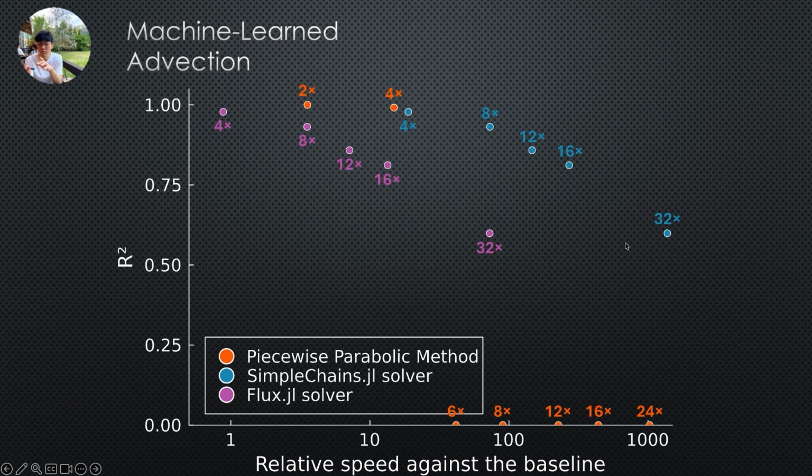And so you can see, on the x-axis is how much of a speedup we get against the baseline, and this is the accuracy up here. And you can see this red line to start with is our reference model, right? And so what we do in order to get a speedup is that we take longer time steps when we're solving the simulation, right? And so here with our traditional model, we can double the time step and actually get the same result.